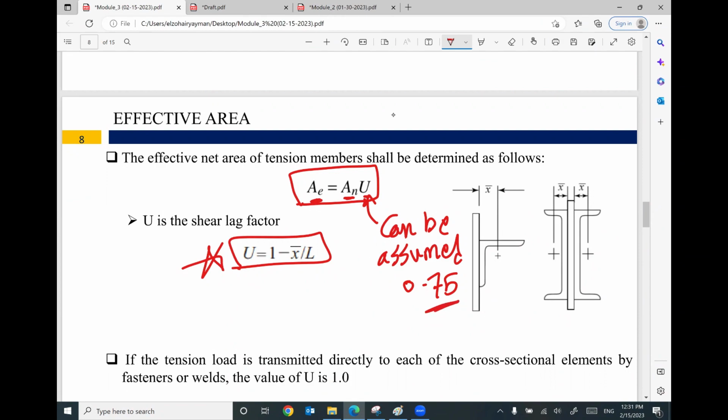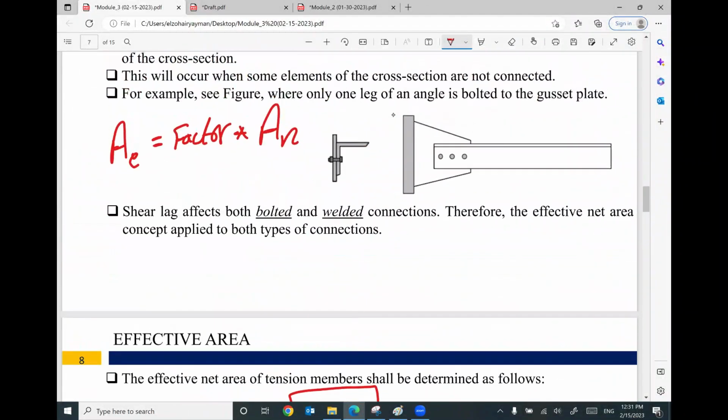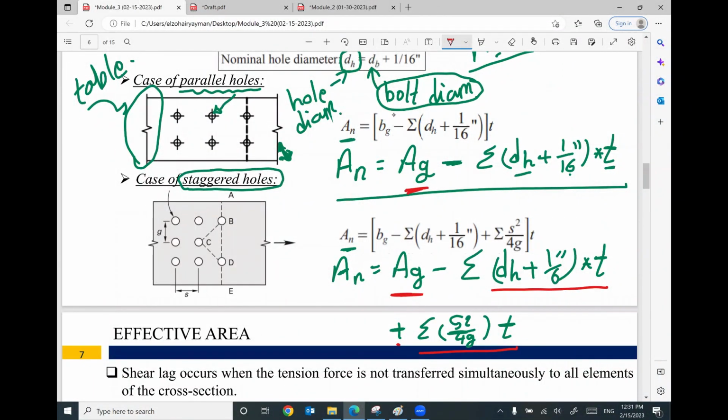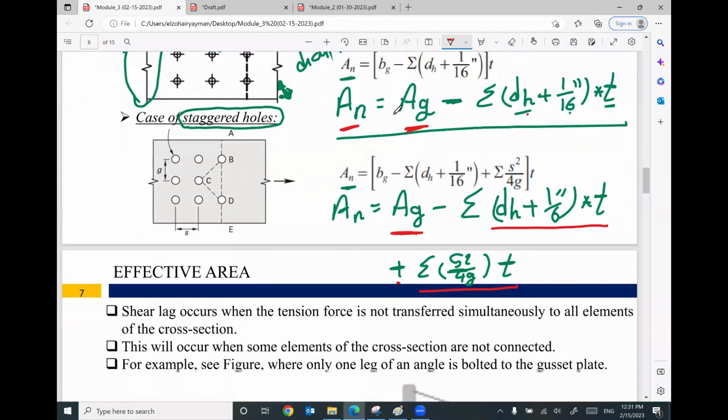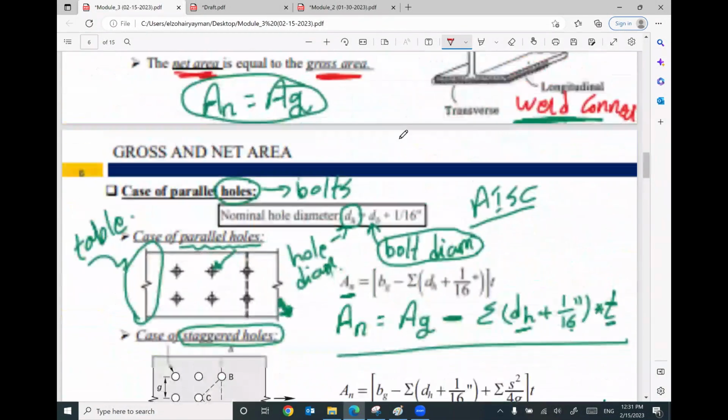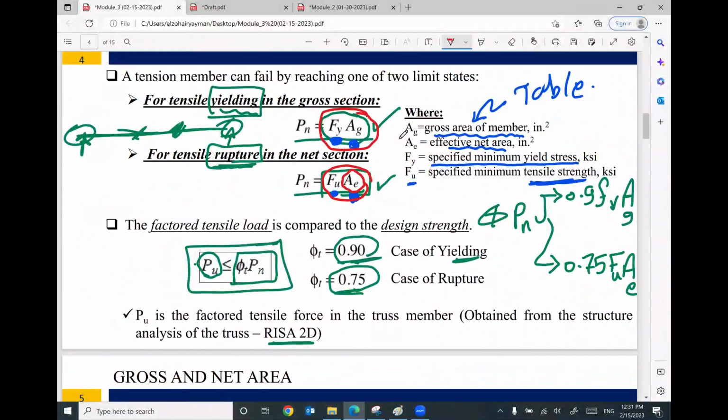Okay, so the scenario will be: we have area gross from the table. From this area gross, I will subtract the holes to figure out the area net. I will multiply the area net by 0.75 to figure out the area effective. Then I will multiply the area effective by F ultimate and then by 0.75 to find the first value for phi Pn. The second value is area gross times F yield times 0.9.